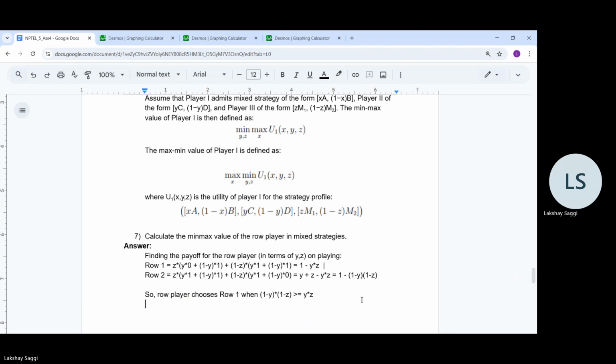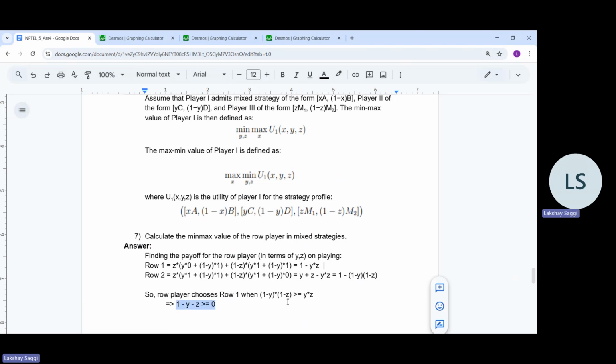This is when the row player chooses row one, and this is essentially equivalent to saying 1 minus y times 1 minus z is greater than or equal to yz. You can just expand this out and write it as 1 minus y minus z plus yz, and yz will cancel out, and this will essentially be saying 1 minus y minus z is greater than or equal to 0. So this is what it will come down to.